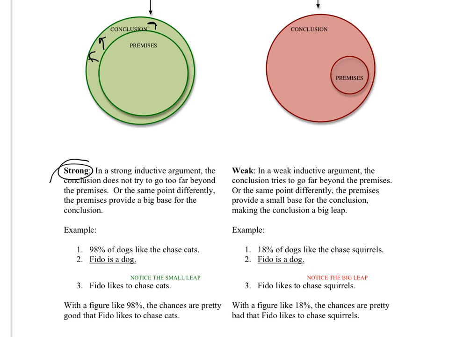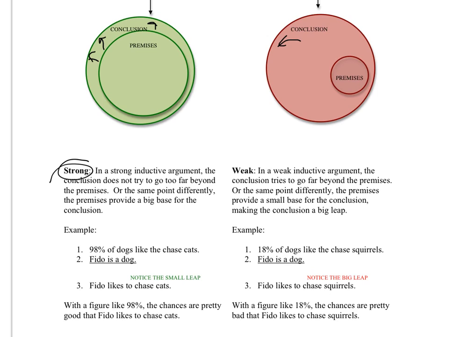In the case of a weak inductive argument, on the other hand, the conclusion is really going way beyond what the premises state. And for that reason, it's making a much more risky inference, and the premises fail to make the conclusion likely or probable.